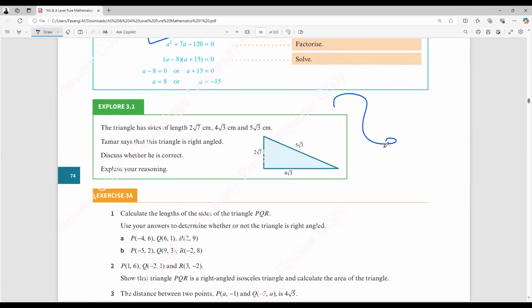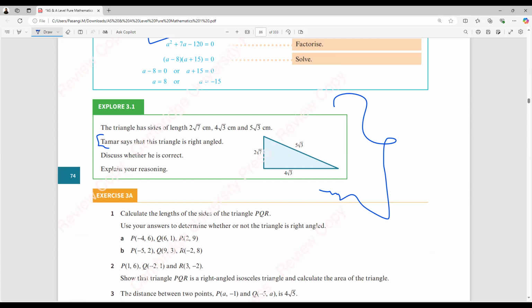Okay, can you do the Explore 3.1 part? So you have to provide reasons why their claim is true or not. Tamar says that this triangle is a right angle triangle. So here we can use trigonometry, or else you can check using Pythagoras, whether the square of the hypotenuse equals the sum of the squares of the other two sides.